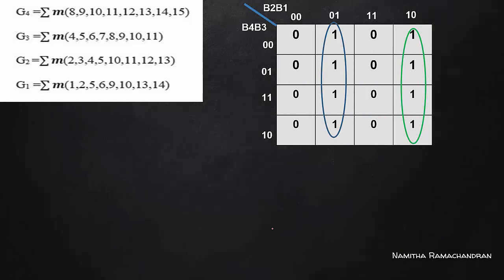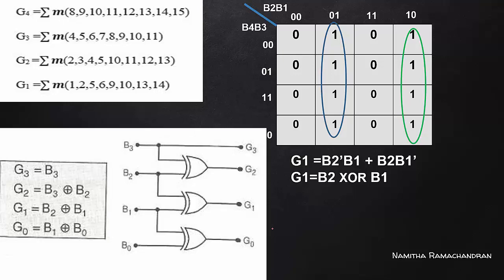Next, the last one, G1. These are the possible groups, and for that the simplified form is G1 equal to B2 complement and B1, or B2 and B1 complement, which is actually the XOR between B2 and B1. So we have all the expressions for G3, G2, G1, G0 now, and based on the simplified expressions, we can draw this simplified circuit diagram for the conversion of binary to gray code.